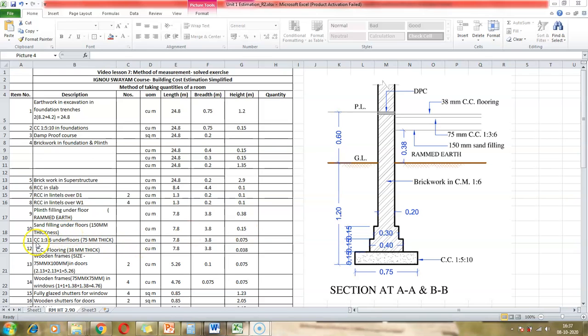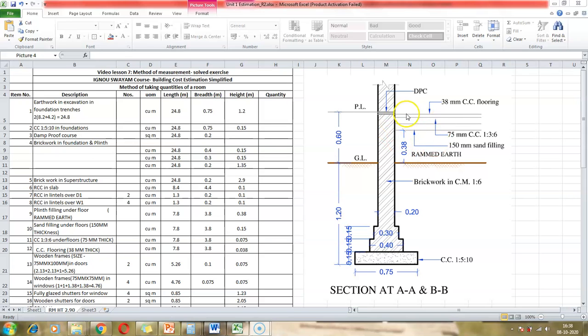Next is item number 11, cement concrete 1:3:6 for 75 mm thickness. For that we again refer to the foundation section. The inner dimensions of the room are maintained as they are. So 7.8 and 3.8 is the same for the cement concrete also, because this is only within the four walls of the room.